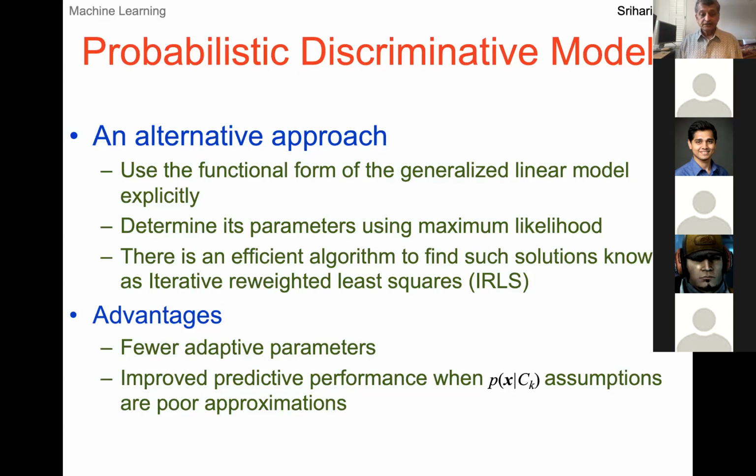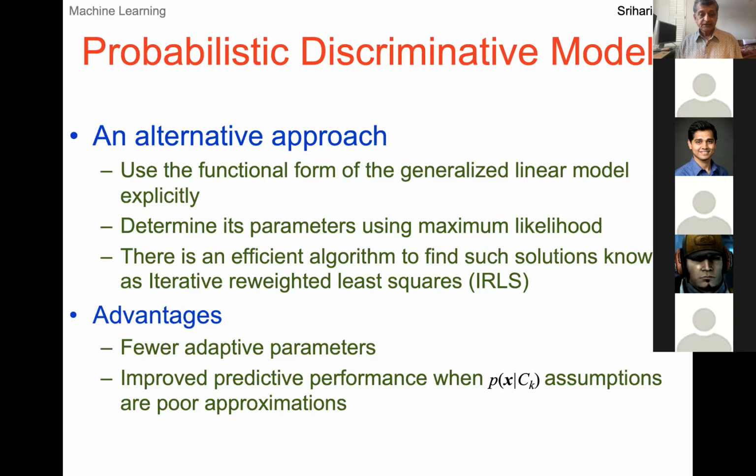And then we determine its parameters using maximum likelihood. There is an efficient algorithm to find such solutions known as iterative reweighted least squares, IRLS. And hopefully we can do that today itself.